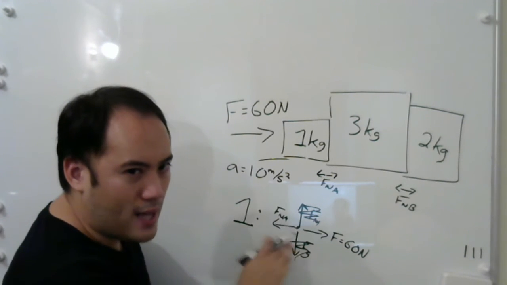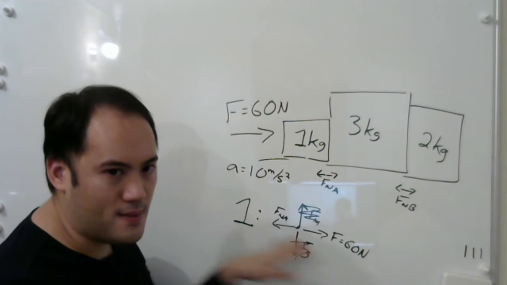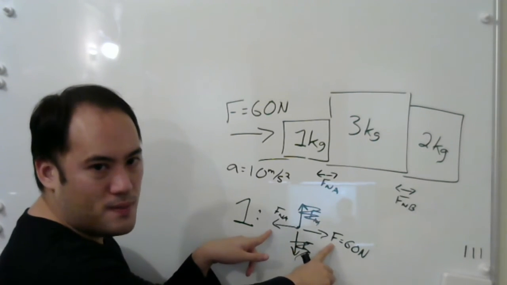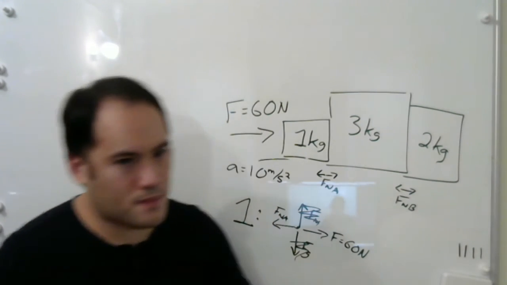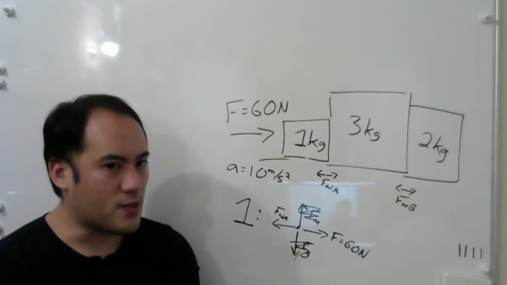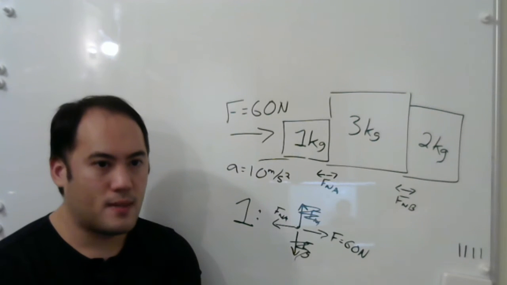Are they equal to each other? Do they add to 0? Do they cancel out? There's many ways to say it. Are these 2 equal? Tell me right now. They are not equal. Block 1 is not in equilibrium. If block 1 were in equilibrium, F net on block 1 would be 0.